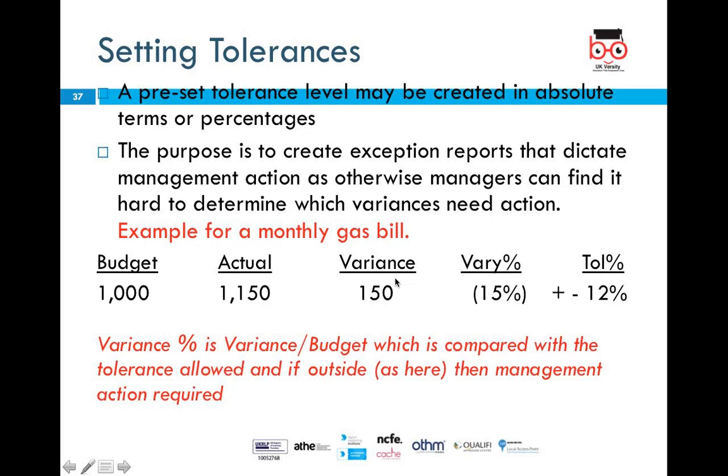That means management needs to take the action because it's over on the bill or the unit. So the tolerance level is 12%, and the variance level is 15%, so management needs to take the action. Setting a tolerance in the cash budget or any kind of budget is a good way to control the budgetary procedure.